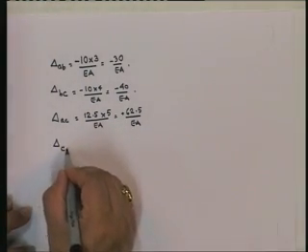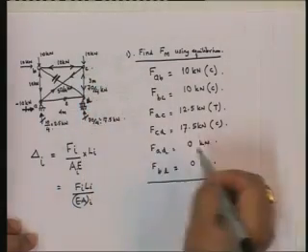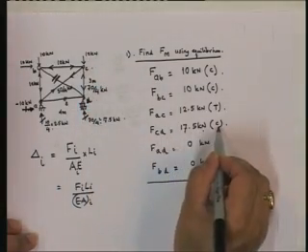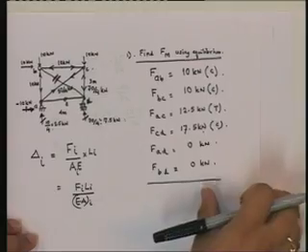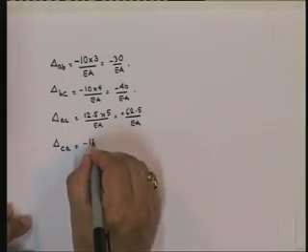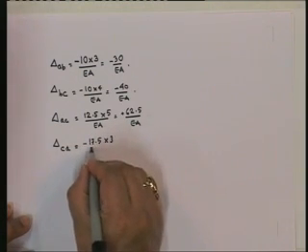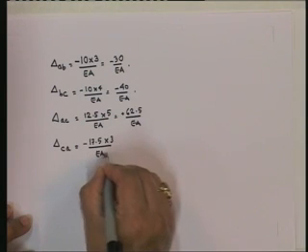Then you have delta CD. The force, what is CD? CD is this. The force is 17.5 compression and the length is 3. So we can put that down as minus 17.5 multiplied by 3 divided by EA.